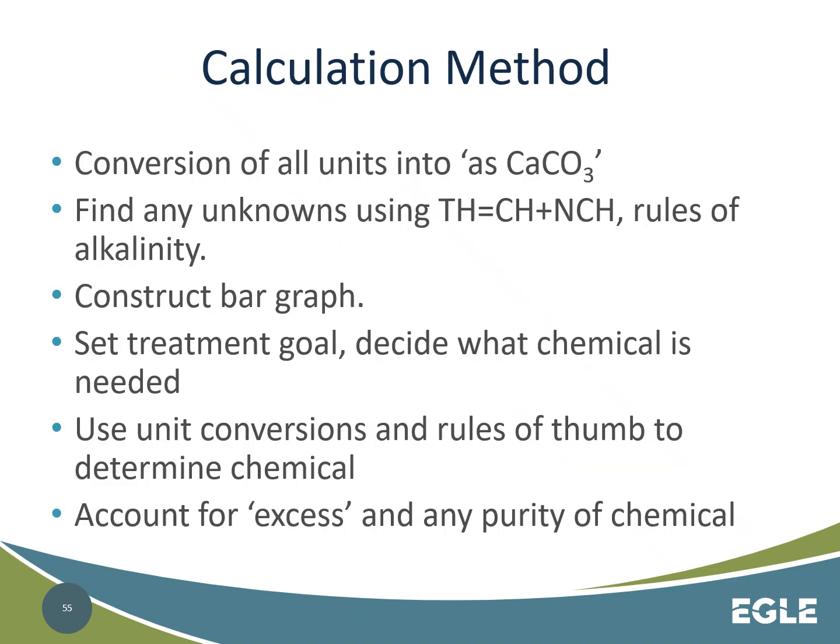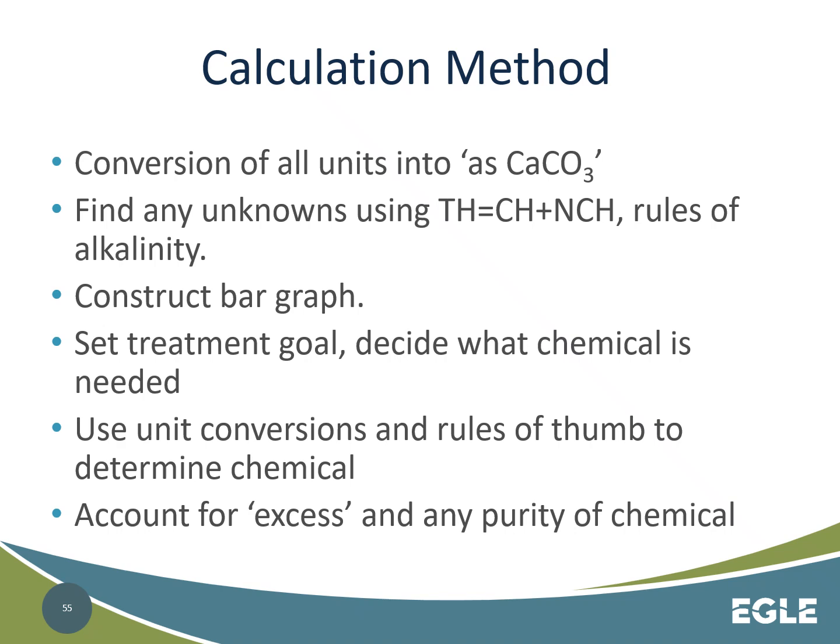Write these steps down. We will use them on all of our calculations. When solving problems for a question that asks how much lime and soda ash are needed, we always start by making sure all our units work together. So step 1, convert all the units to milligrams per liter as calcium carbonate. Step 2, make sure you know how much total hardness, carbonate hardness, and non-carbonate hardness you have in milligrams per liter as calcium carbonate.